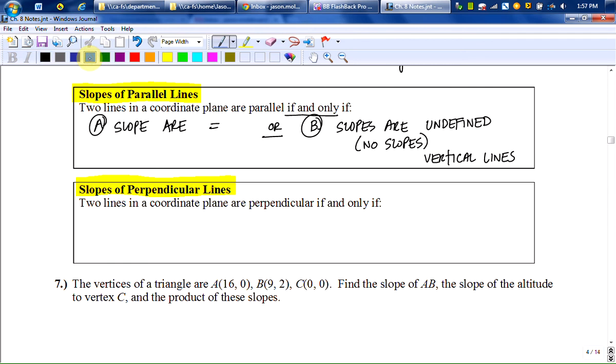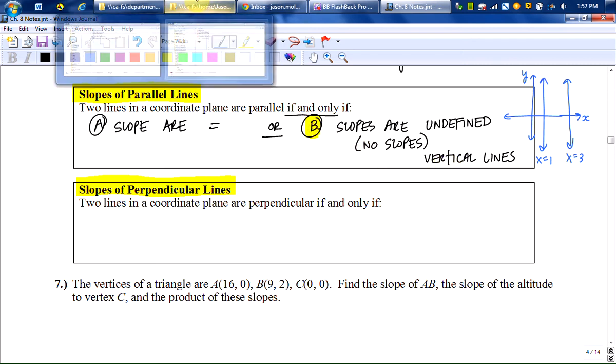Maybe we could do a quick sketch here. For example, here's my axes, this is the x-axis, and this is the y-axis. Maybe I graph the line x equals 1, and I graph the line x equals 3. Those lines don't have slope, but they still are considered, of course, parallel. So we wouldn't say that they're equal. So part B is talking about this one special case.